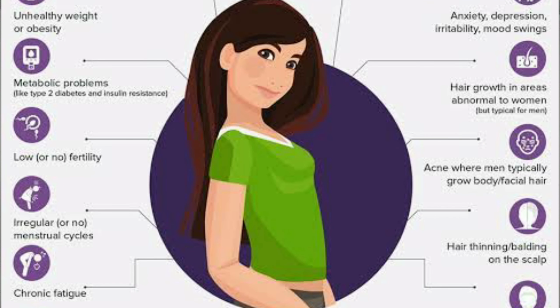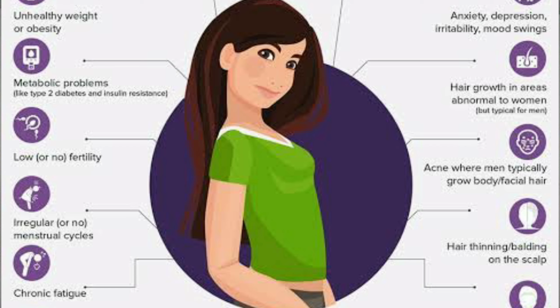And hyperandrogenism, that is increased male hormone, which can lead to hirsutism, that is increased hair growth on chin and chest. Along with that, there may be obesity because of this PCOD or PCOS.